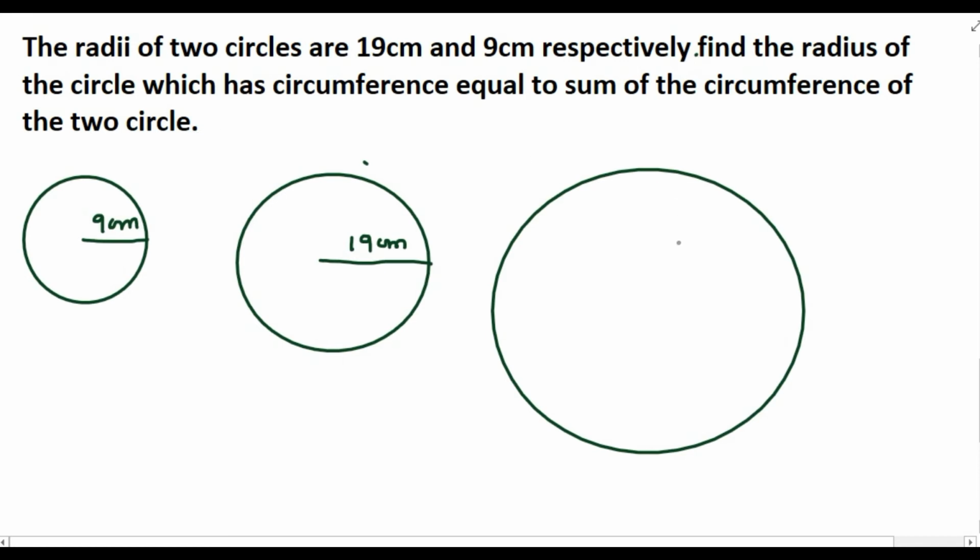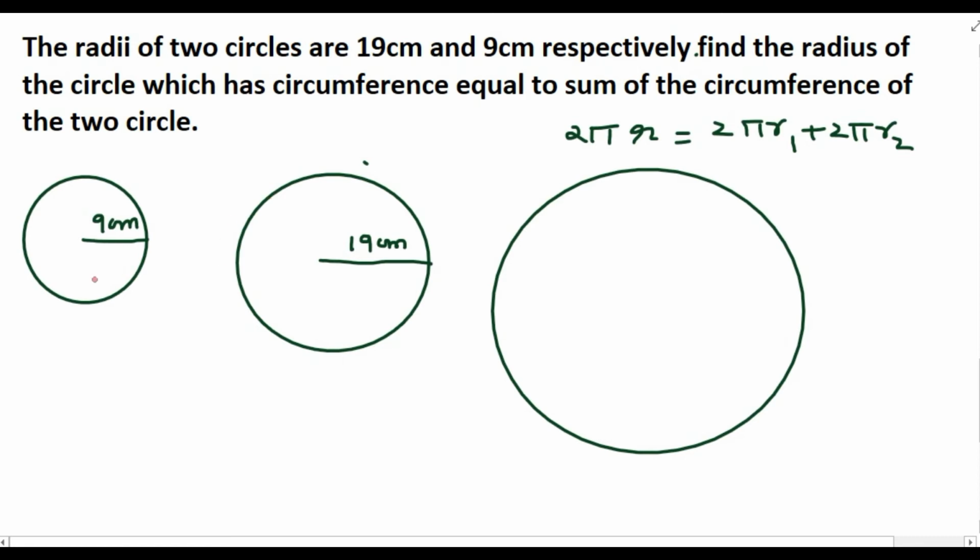So the radius of this new circle I want to find, with one condition: the circumference of this circle, 2 pi r, will be equal to the sum of the circumferences of these two circles, that is 2 pi r1 plus 2 pi r2.